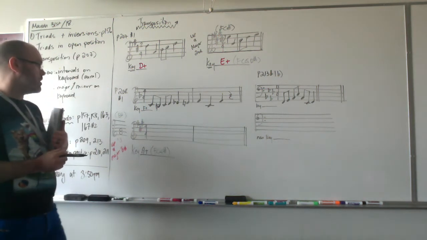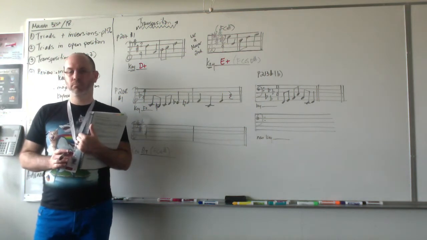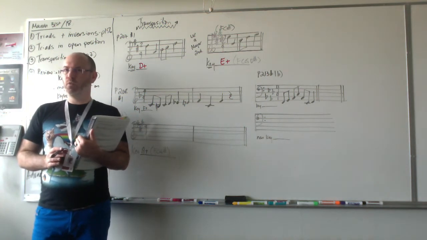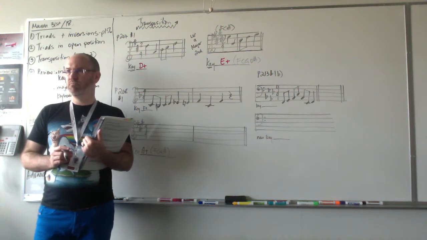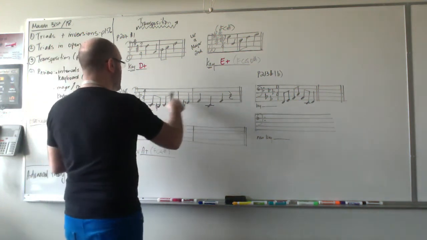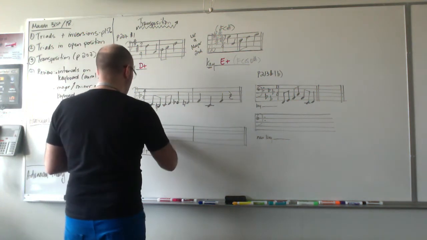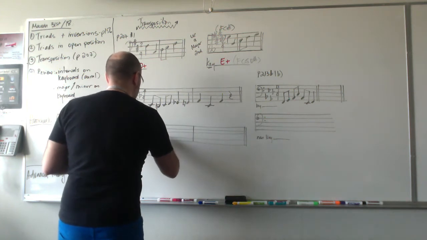And now, which way are we going? Up or down? Up. And what interval? Up a third. So just take everything and draw it up a third. Don't worry about the accidentals yet.